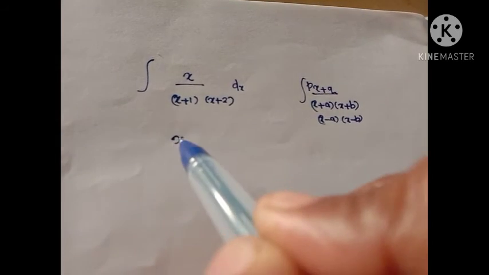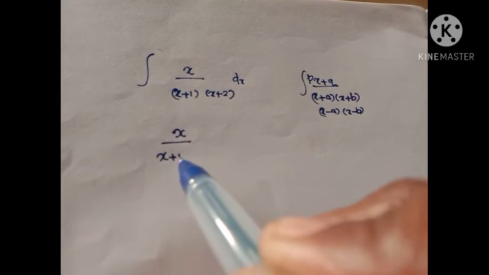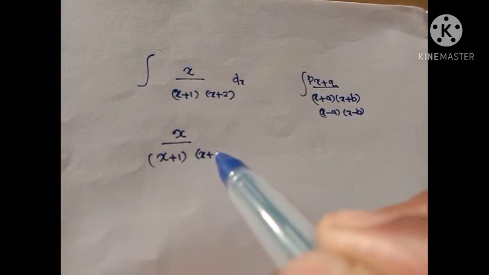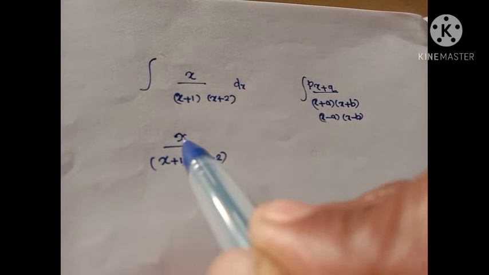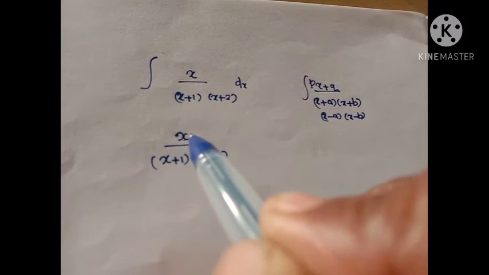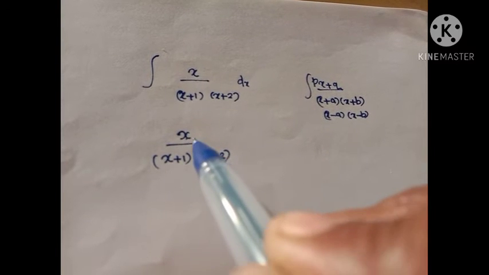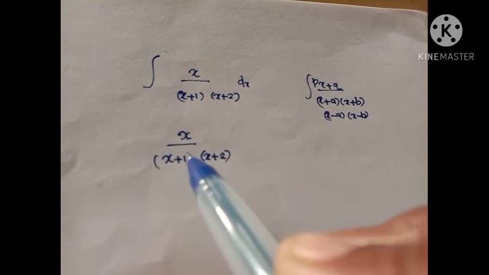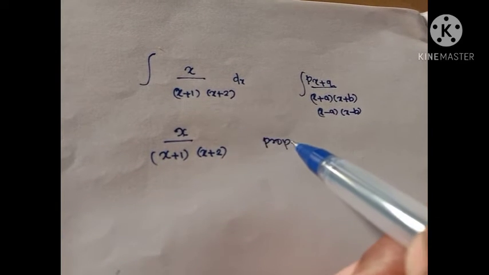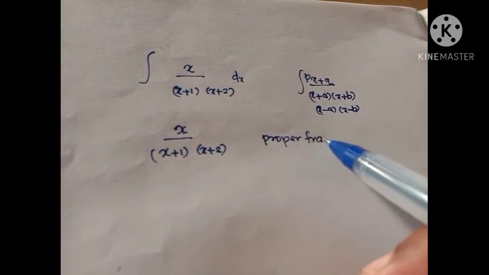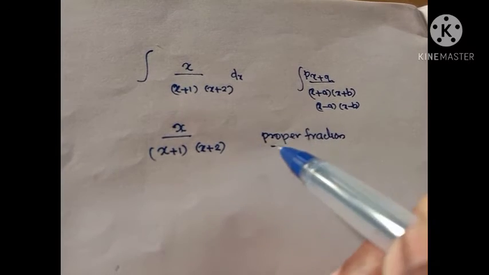Take the integrand x by x plus 1 into x plus 2. The numerator is a linear expression and the denominator is quadratic. So definitely the degree of numerator is less than the degree of denominator, and therefore this is in the form of a proper fraction. So we can move to the next step.